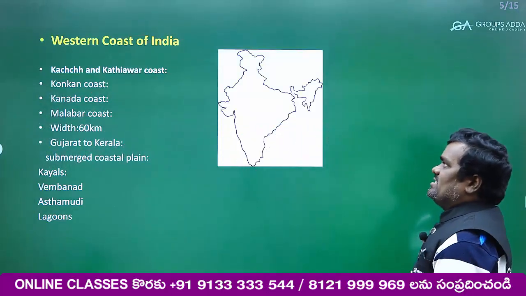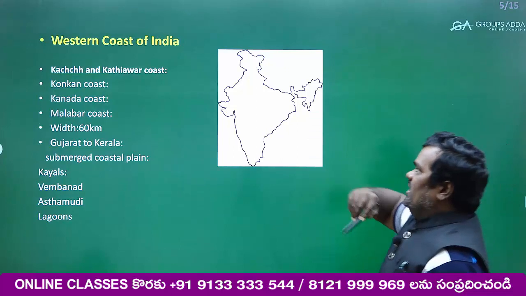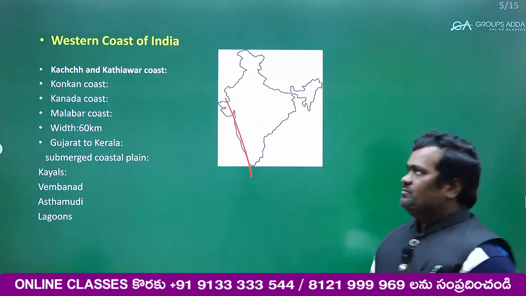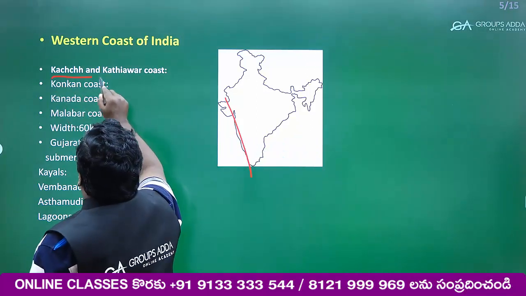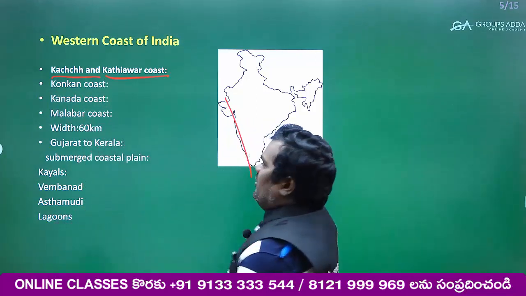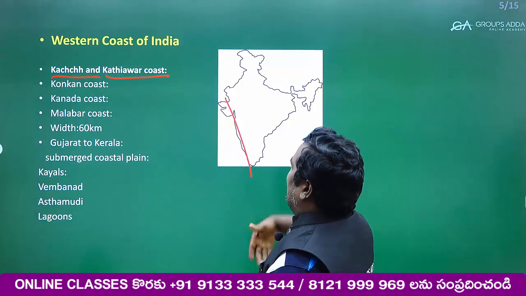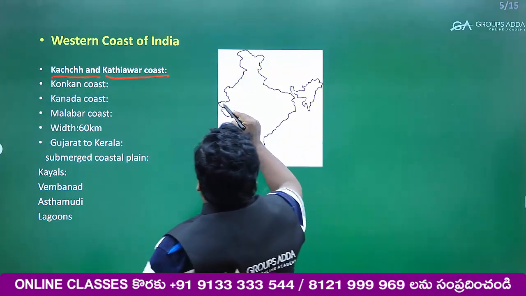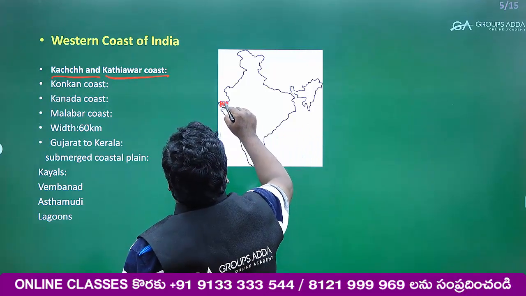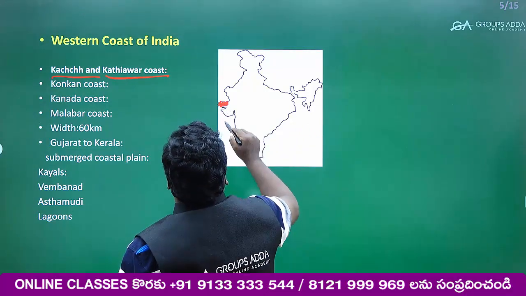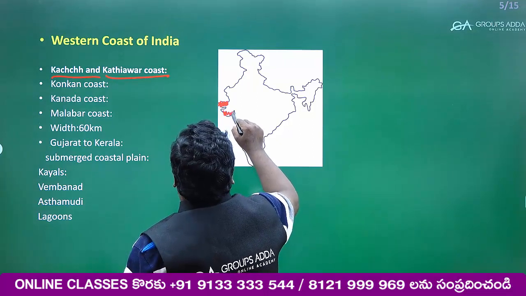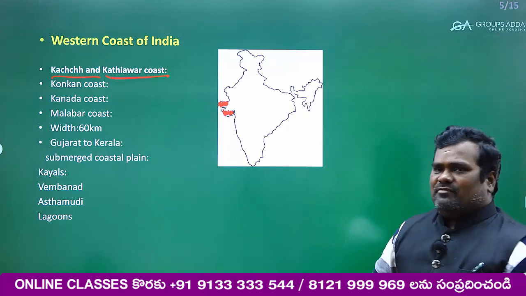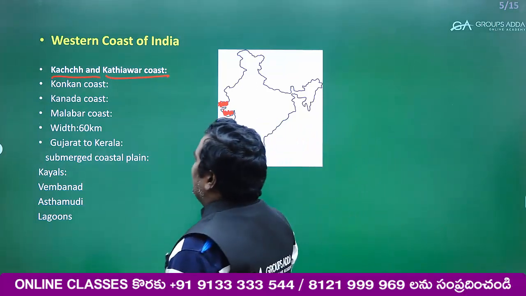Yes, my dear friends, see here, this is the west coast of India. Kutch and Kathiawar coast. Where do we have this Kutch and Kathiawar coast? See here, this place is called Kutch and this place is called Kathiawar. Here we have coastal plains, isn't it?